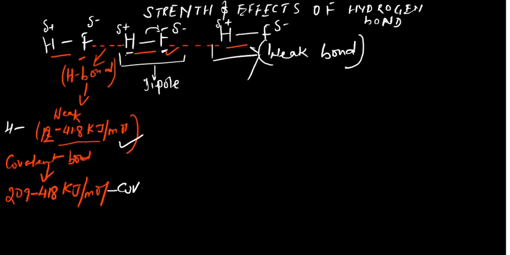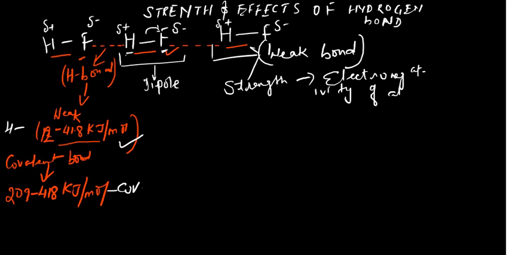Now, the strength of hydrogen bond actually depends on the electronegativity of the other atom which is linked to hydrogen atom. So strength mainly depends on the electronegativity of the atom linked to hydrogen atom.